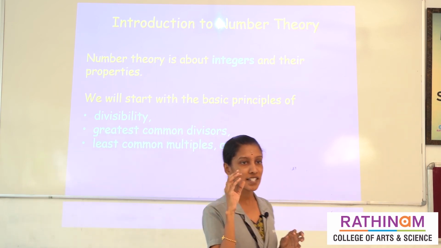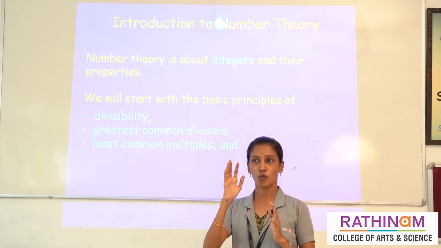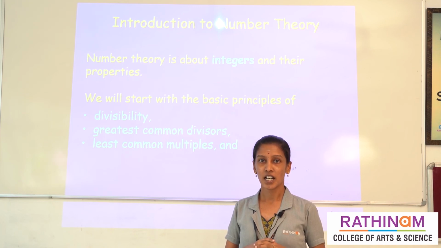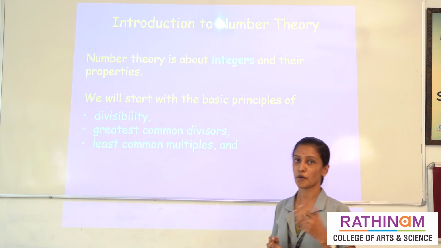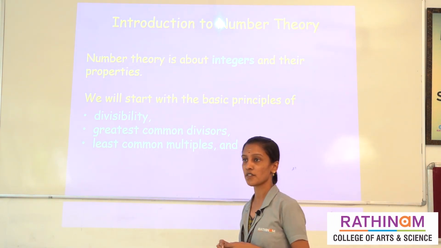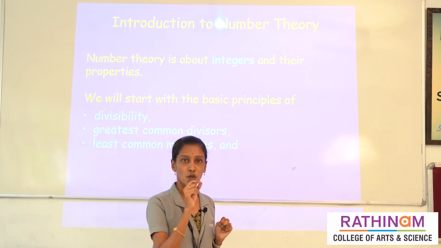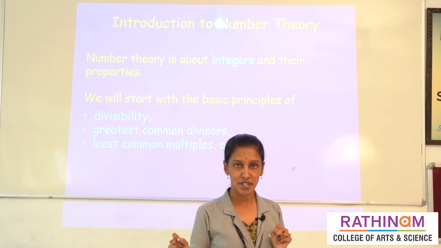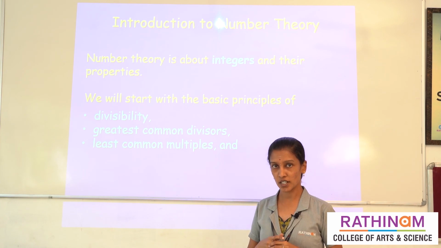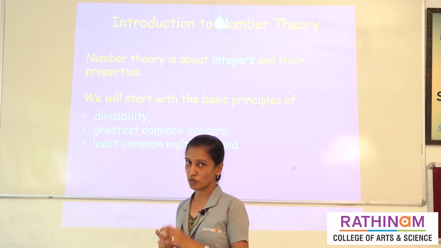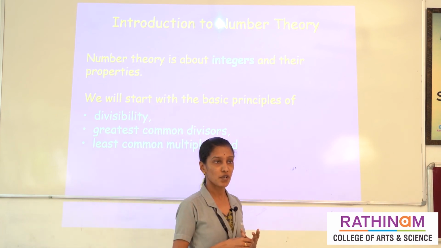Now I have spoken about GCD as well as LCM. What is the relation between these two? For any pair of numbers, the product of the two numbers can be written as the product of their GCD and LCM. It means that if I consider A and B as two numbers, then A into B equals GCD of A comma B times LCM of A comma B. With the help of this we can obtain a lot of results and very interesting concepts.